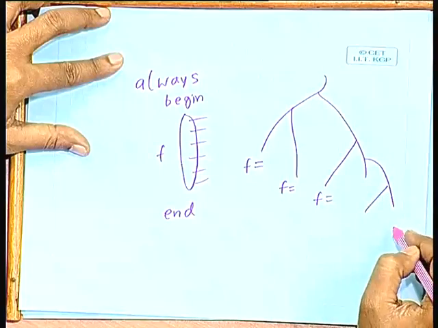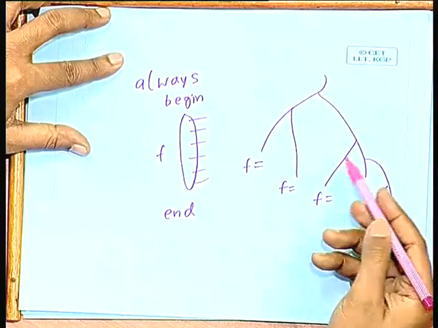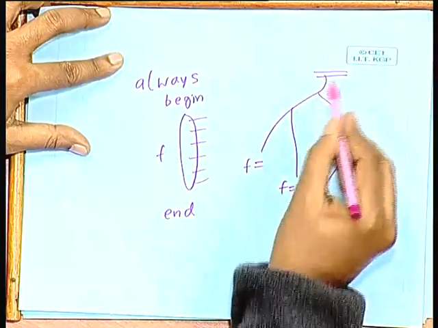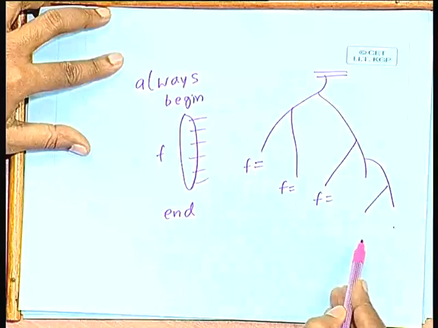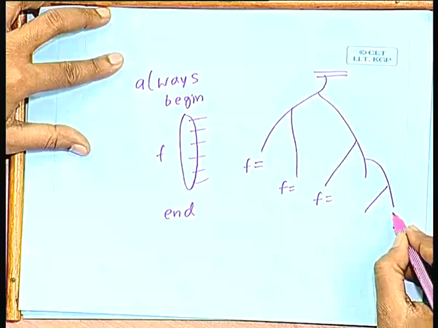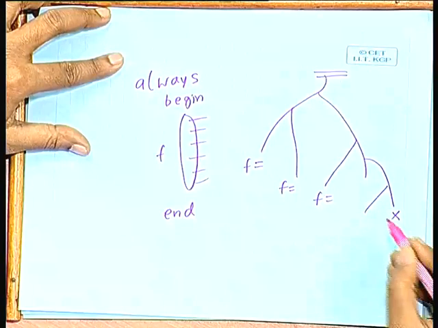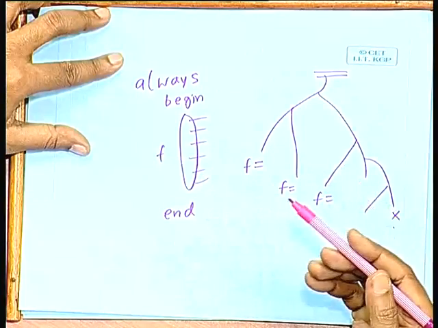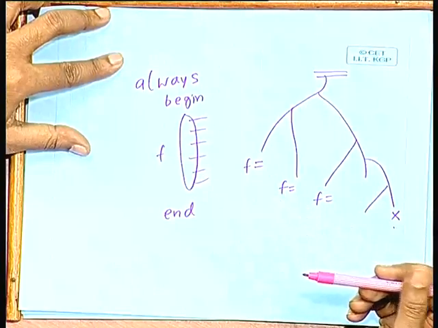If such a thing is there, then only you can synthesize this as a combinational logic, because based on whatever inputs are coming you can have some value of f. But if there is a path where the value of f is unspecified, then we will have to map it into a sequential logic, right.